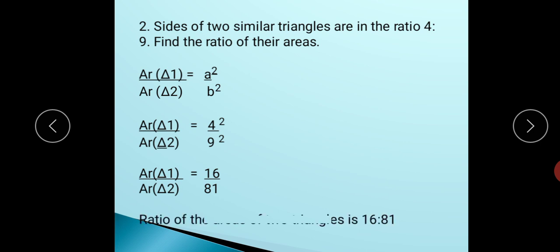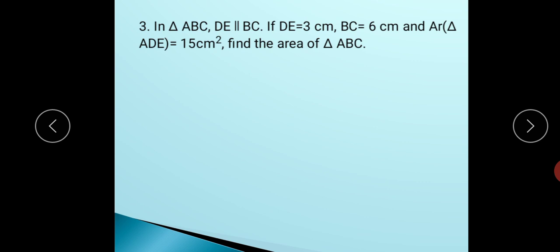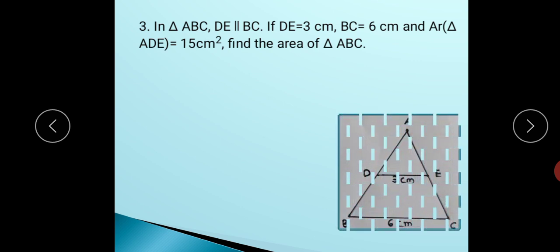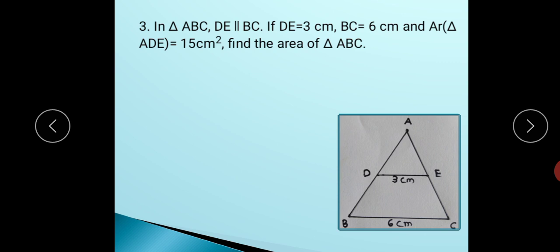Next example. The ratio of the areas of two triangles is 16:81. In triangle ABC, DE is parallel to BC. Now let's see the figure first. In triangle ABC, DE is parallel to BC.